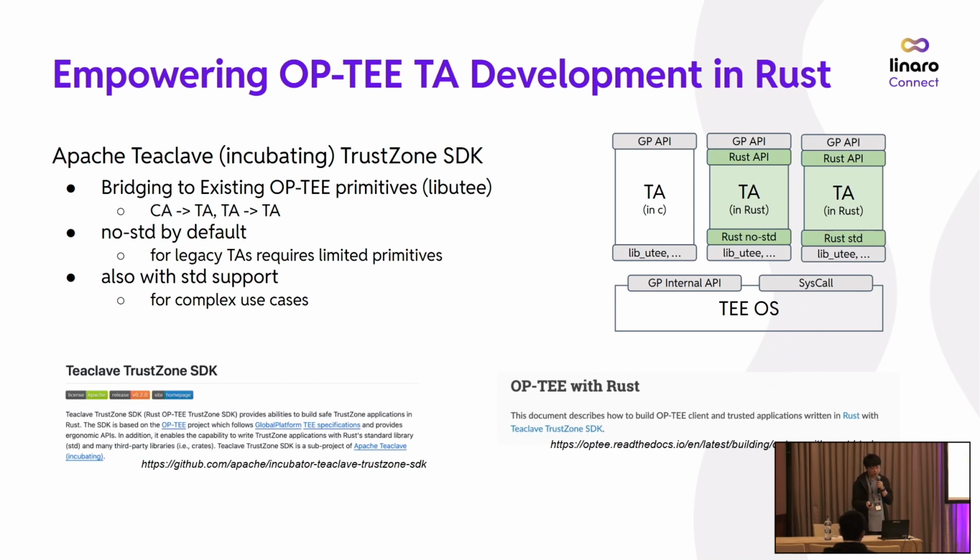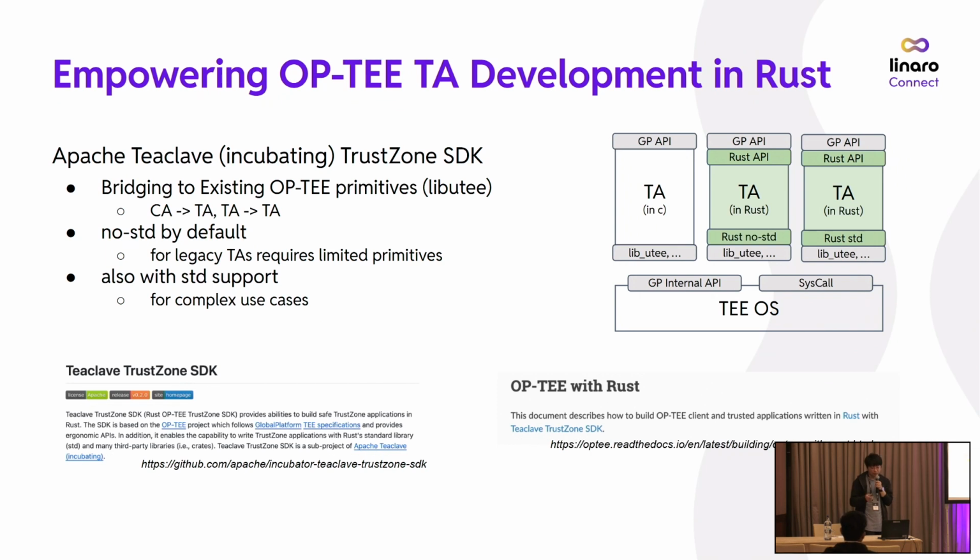And currently we have two modes. By default we have no-std, which means very lightweight bindings for legacy TAs that require very limited primitives. And in the Rust community we also implemented the std target specified for OP-TEE.